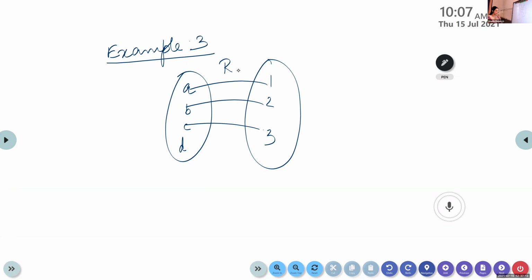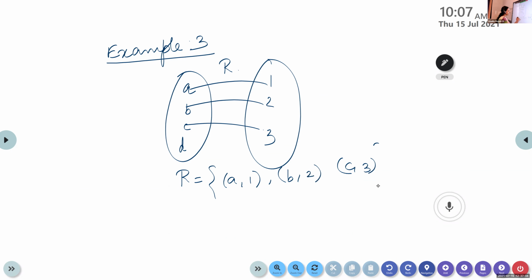Now, whether R is a relation here. In R, which elements do we get? We have the elements A1, B2, C3.